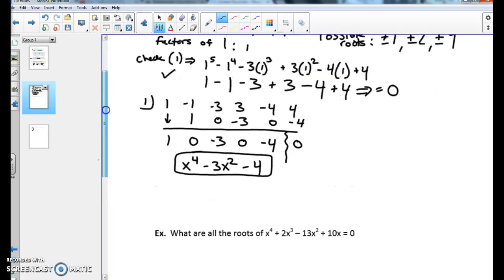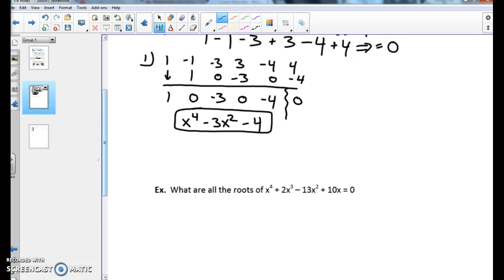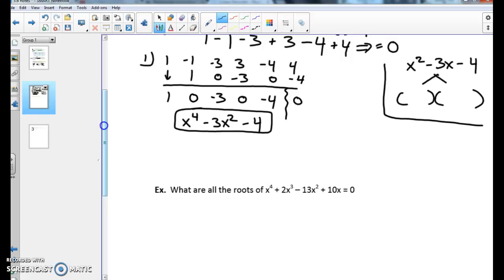Now, if you notice, this is a situation similar to something we did last week. So off to the side here, I'm going to remind us about how I compared these types of problems to simpler quadratics, right? That simpler quadratic, x squared minus 3x minus 4, is going to factor down relatively easily.